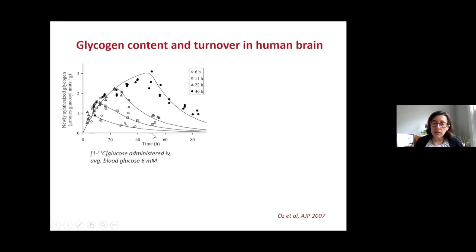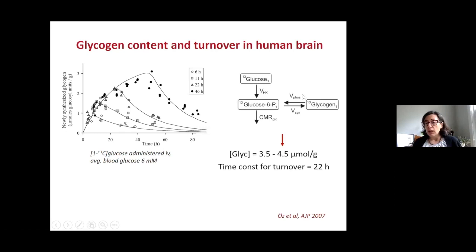And this is what these data show. So we have 2 to 3 participants in each of these groups. Here, people who have received 6 hours of C13 glucose infusion, 11 hours, etc. By combined modeling of these data, looking at label incorporation and then washout, with pretty simple metabolic modeling, we estimated glycogen concentrations, in terms of glucose units stored in the form of glycogen in the brain, to be about 4 millimolar.